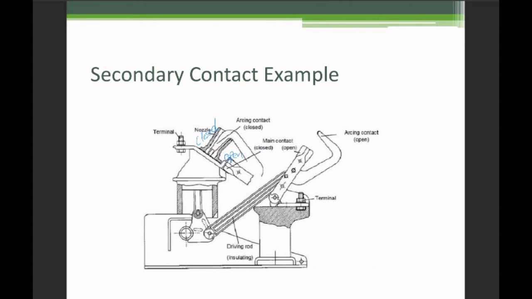And it does that without allowing the arc to ever touch the primary contacts. So it preserves these and the surface quality on them so that you don't get any localized heating. Whereas this contact here, this tip and this pin, that's going to get chewed all up over time. But that's okay because we only need it to withstand the arc, not carry the current under load.